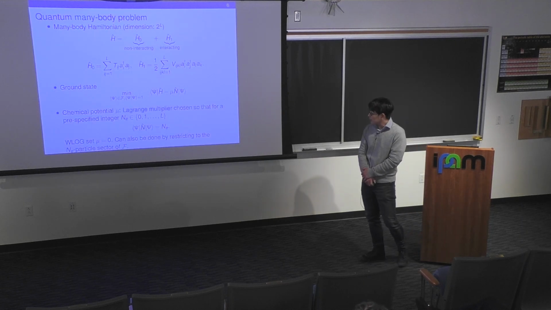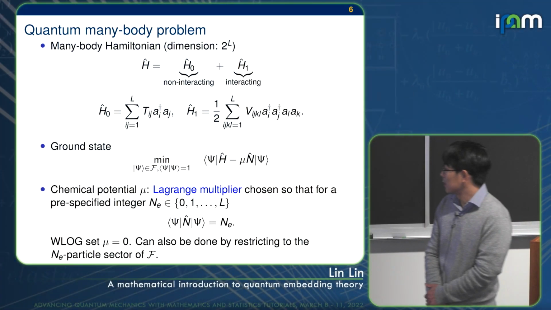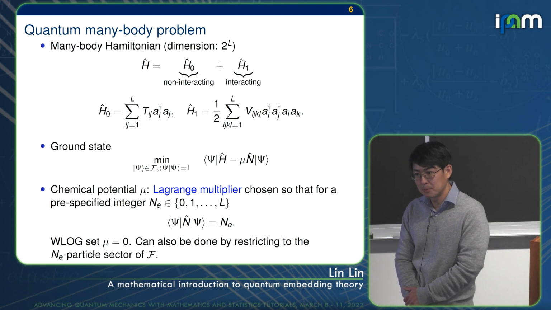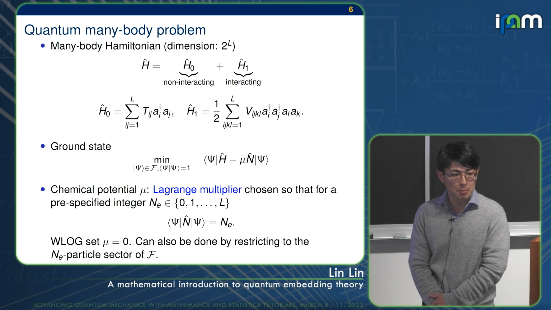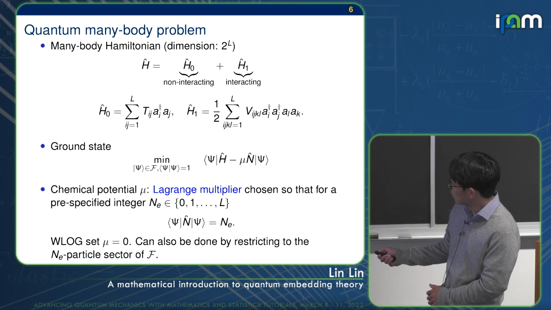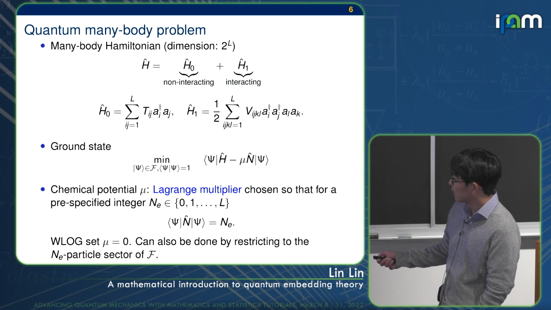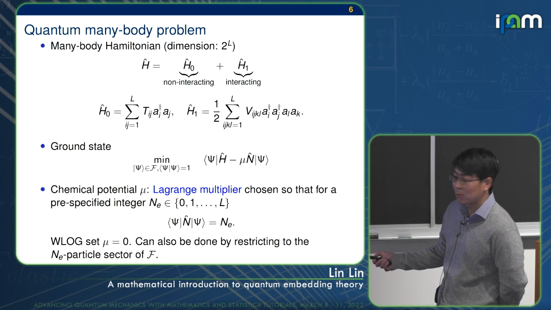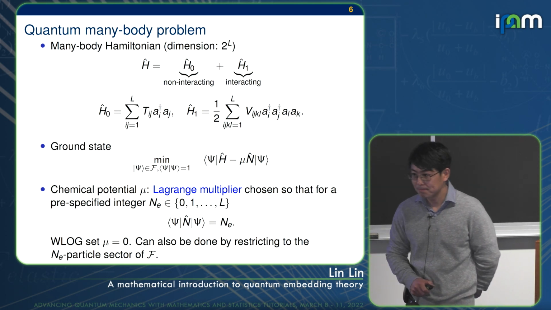What is this mu? It's called a chemical potential. Whenever you see a chemical potential, it must be a Lagrange multiplier corresponding to something. Here it is the Lagrange multiplier chosen so that we have a specific integer number of electrons, Ne. This Ne, as we had the question this morning, must be a number between 0 and L, so that the average of psi with respect to the number operator is the number of electrons.